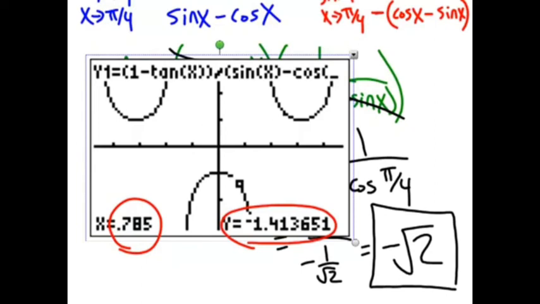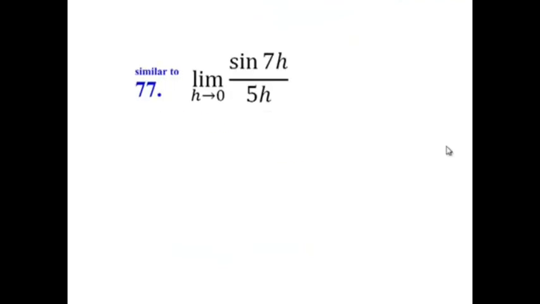So, at that case, y value, that is the height of the function, look at this, that value will be minus 1.413651, which is minus root 2. So, this is how we set the limit and we see it from the graph.